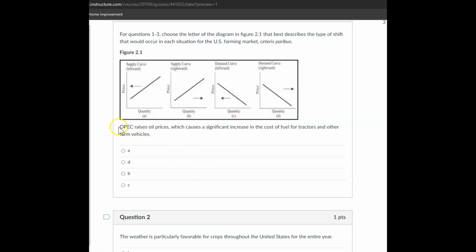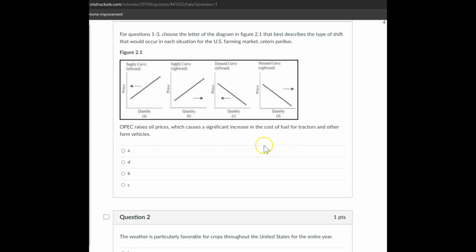Now OPEC is an organization of countries that control oil reserves. It says if OPEC raises oil prices, in other words, they engineer an increase in oil prices, which causes a significant increase in the cost of fuel for tractors, for farm vehicles, what impact do you think that's going to have on either the supply curve or the demand curve?